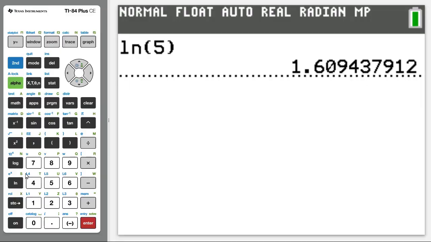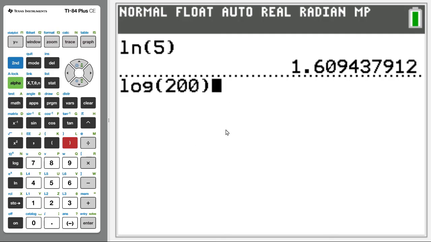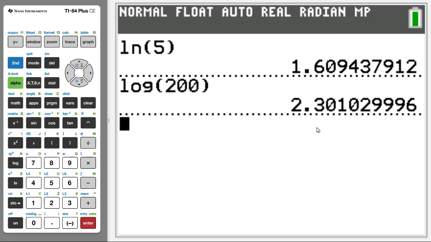On our calculator it's log, and just type in 200 as usual. Close up parentheses. This is the reason why I highly recommend my students, anyone learning with me, to use parentheses as a habit, because most of the technologies we're using these days rely on parentheses. So now log base 10 of 200.